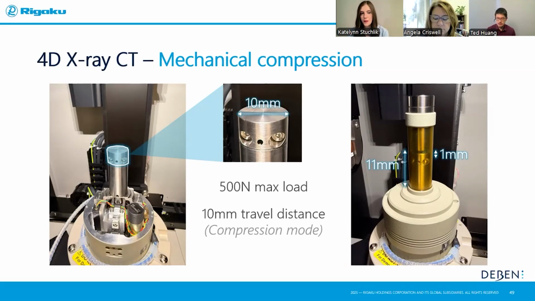So these are some numbers for this particular jig, and this is what I look at first, right? Because I'm thinking about, okay, if I want to compress or do any tests, this is my limitation of the stage. Like I mentioned before, doing in situ testing, a lot of the limitations, challenges, and the ways you can show your creativity pertain to the stage you're using.